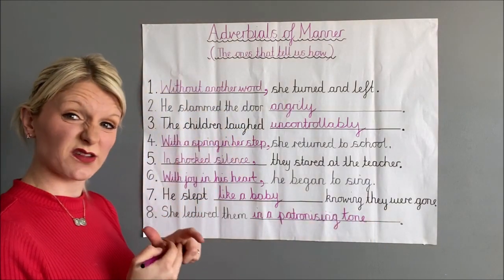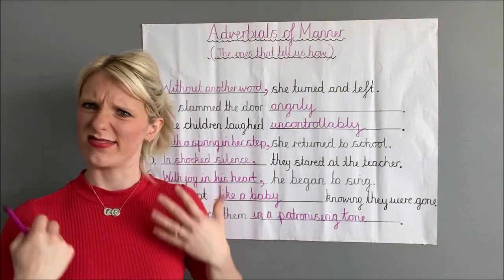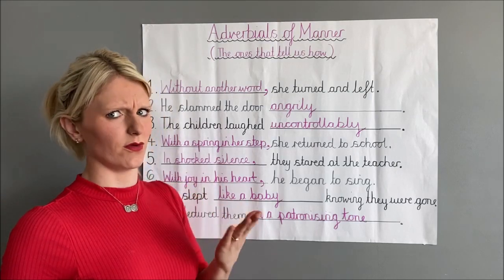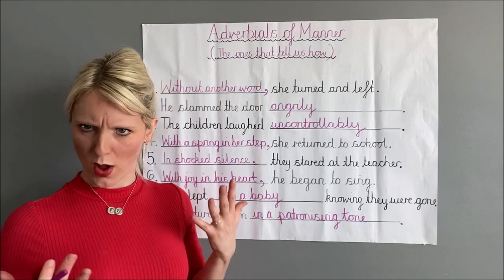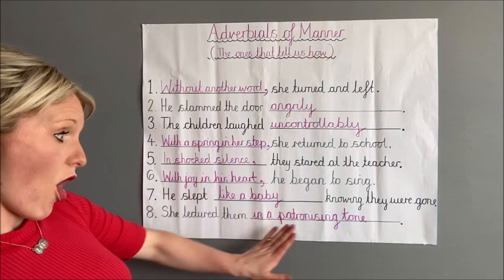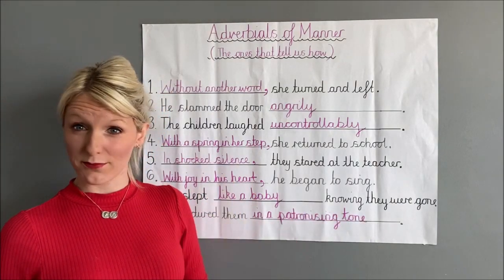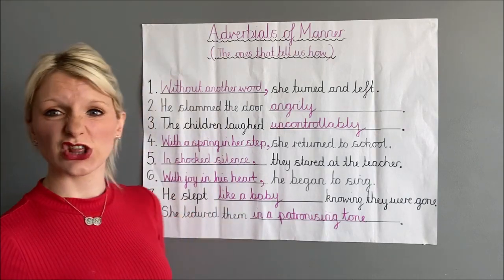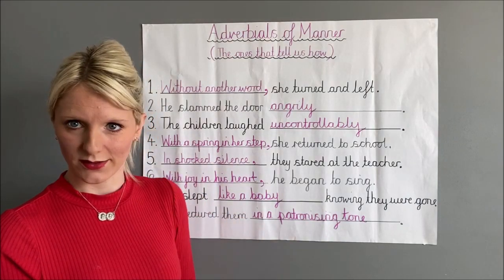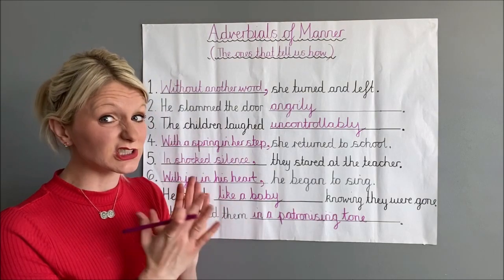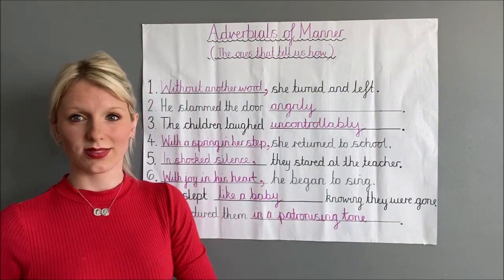Okay, patronising just means when someone's talking down to you, when they are talking to you a little bit like you're a small child and you're thinking, I don't need you to talk to me like this, I'm quite capable of understanding. I've used that. You might use something much more simple. You might say she lectured them loudly, she lectured them continuously. Okay, so it could be a much simpler thing than what I've used there.